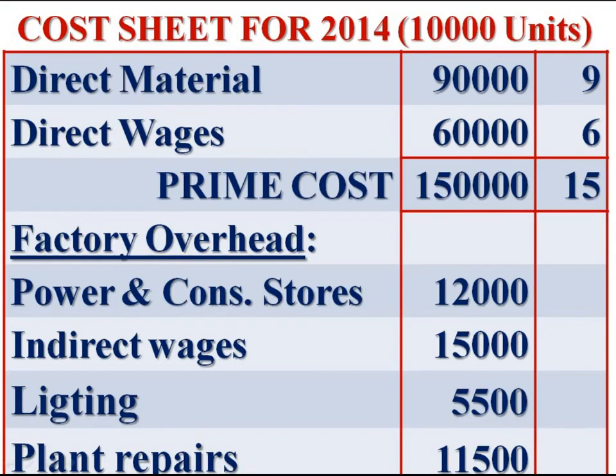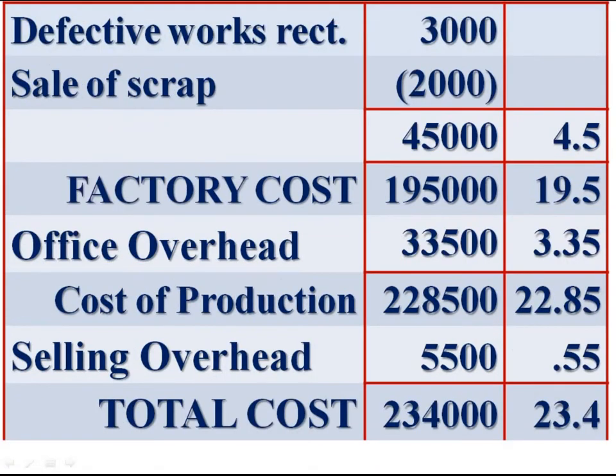Cost sheet for 2014, 10,000 units: direct material 90,000, direct wages 60,000. We get prime cost 1,50,000. Add factory overhead: power and consumable stores 12,000, indirect wages 15,000, lighting 5,500, plant repairs 11,500, defective work rectification cost 3,000, sale of scrap minus 2,000, total factory overhead 45,000, factory cost 1,95,000.